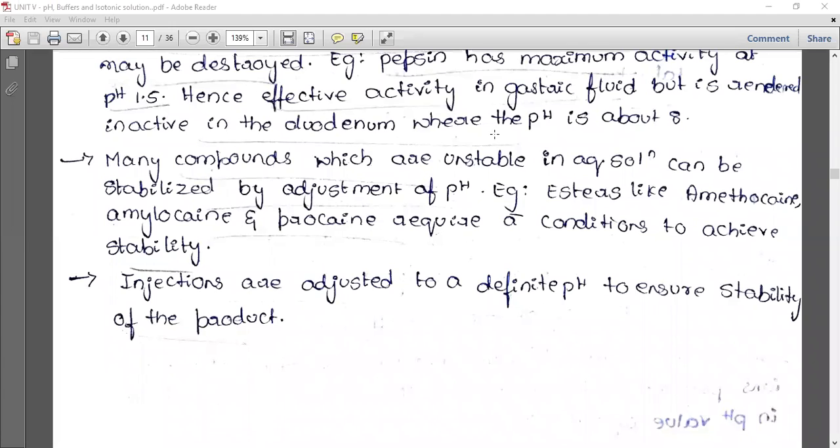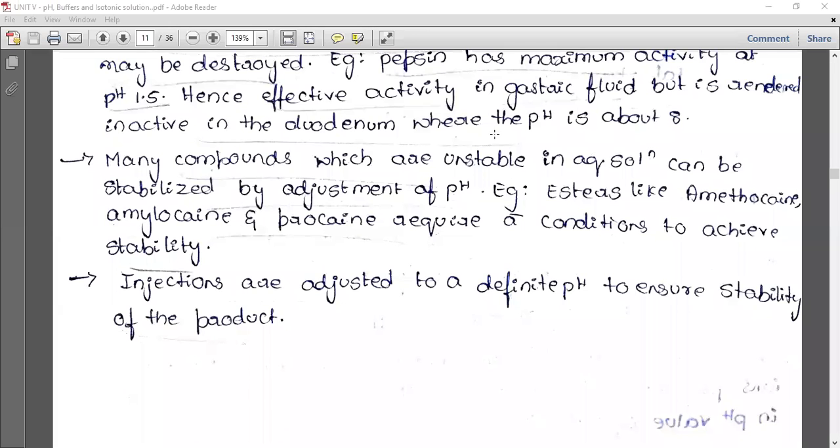Ma'am, buffers are the substances which resist the change in pH when acids or bases are added. Okay, right. As Nayanpriya said rightly, these are mixtures of acids or bases which help in preventing the change in pH if you are adding any acid or base.